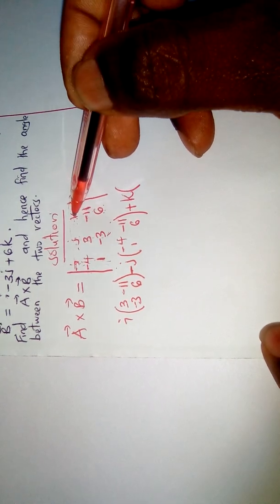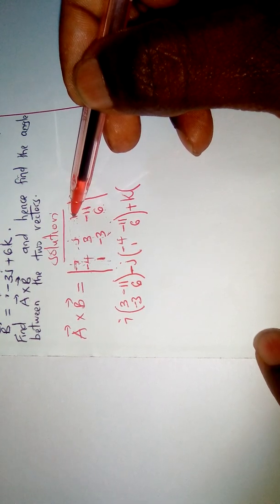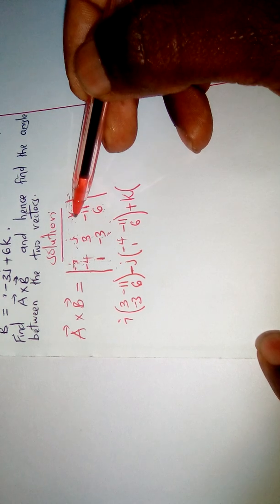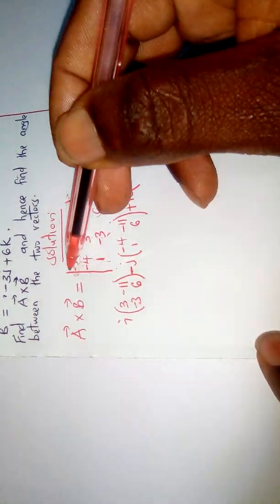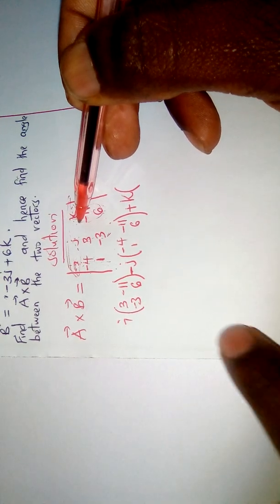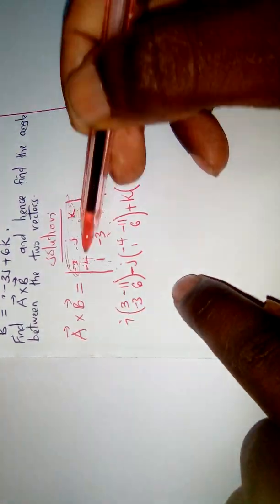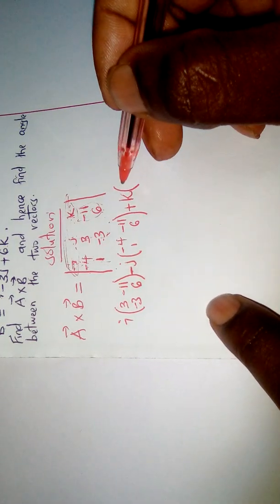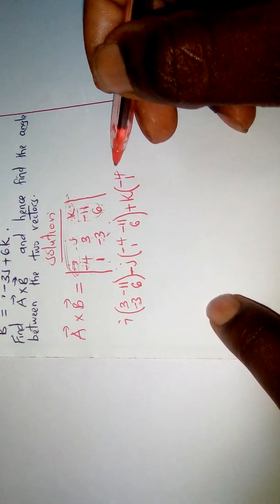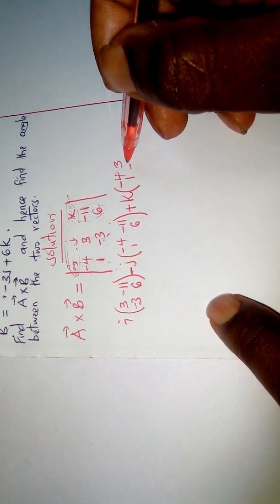When I move to k, you are required to cancel the row and column where it lies. So I'll cancel these as well as these. So when you cancel this and as well as this, you will be remaining with the 2 by 2 matrix, that is negative 4, 1 as well as 3, negative 3. So that's what we write here: negative 4, 1 and 3, negative 3.